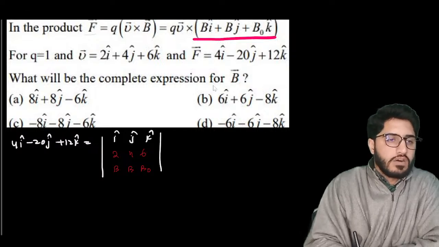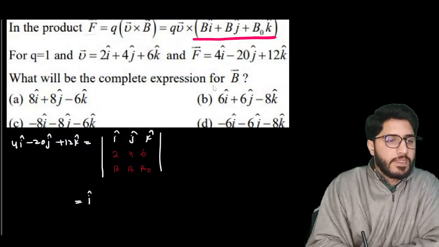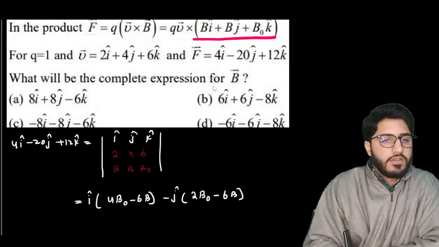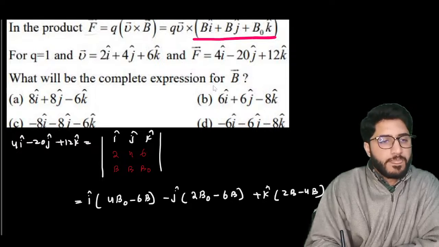It will look like this now. So I can write I cap times 4B naught minus 6B, minus J times 2B naught minus 6B, then plus K times 2B minus 4B.